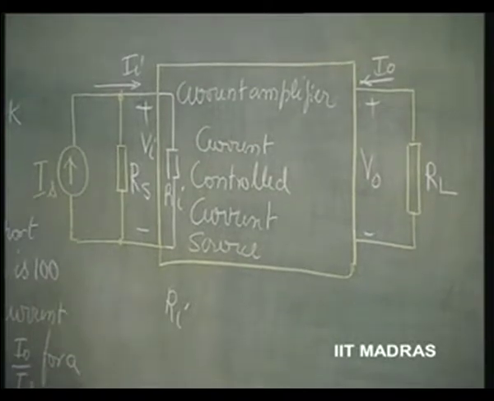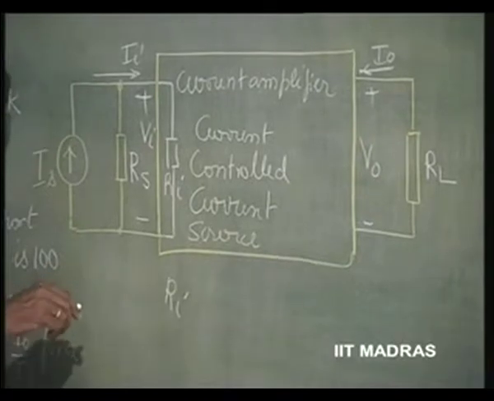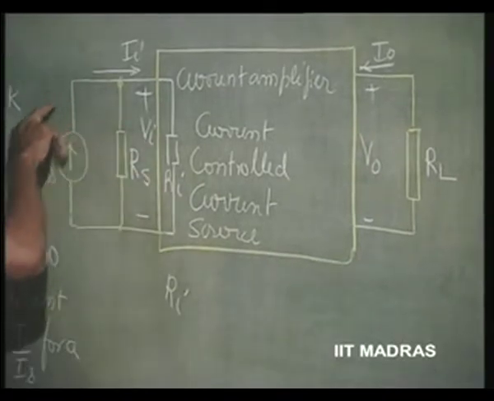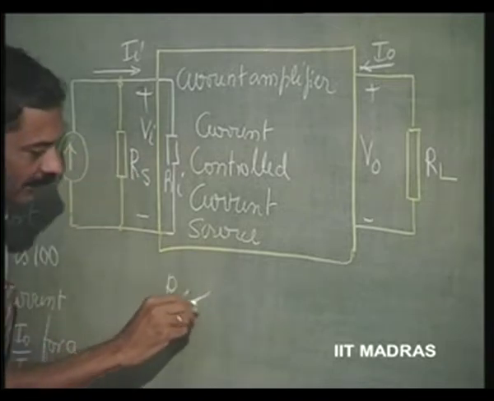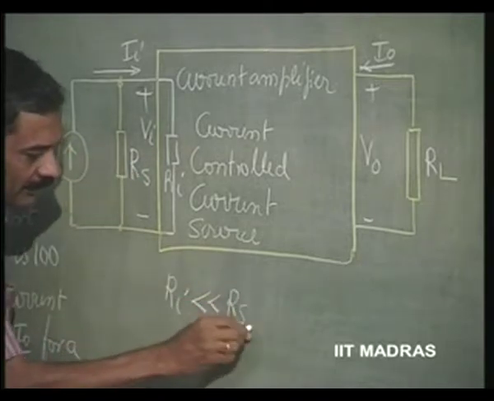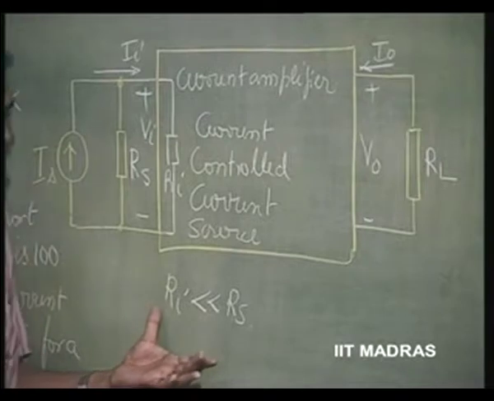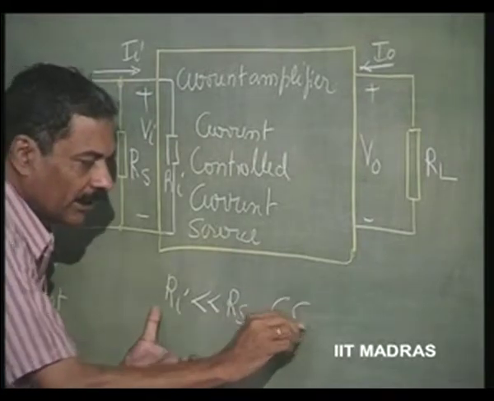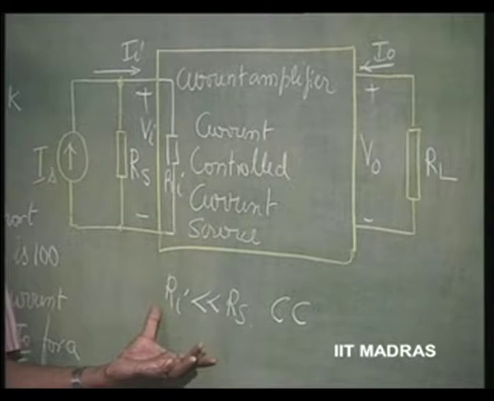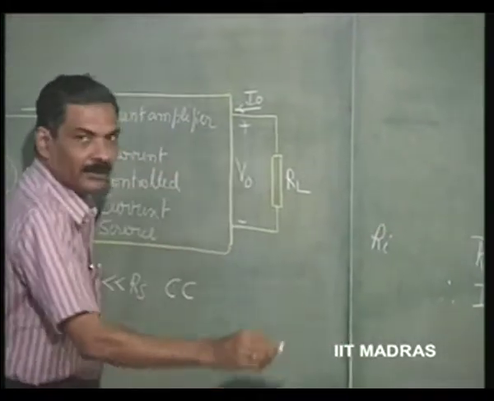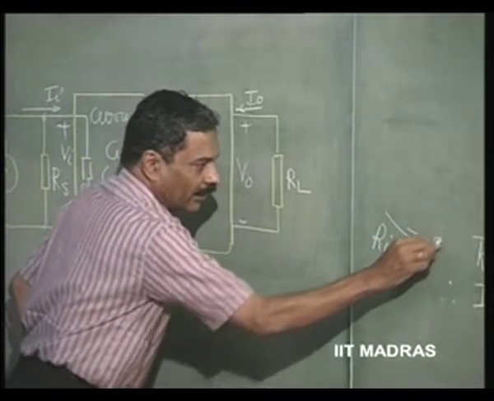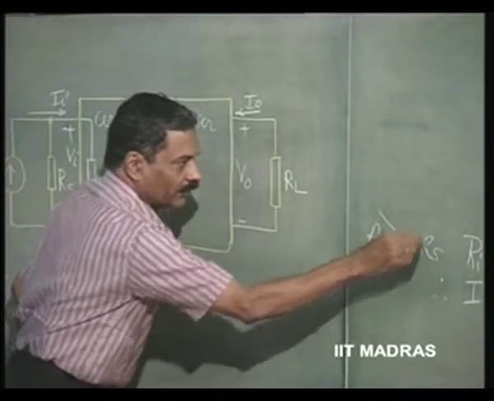What does it mean? Ri should be such that it should take most of the Is, which is possible only when Ri is much less than Rs. And then we say that the input port is current controlled. You can contrast this with voltage control, wherein Ri was much greater than Rs. That was voltage controlled.